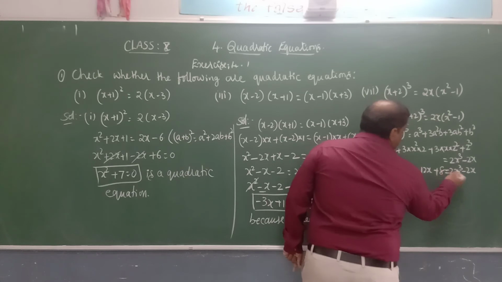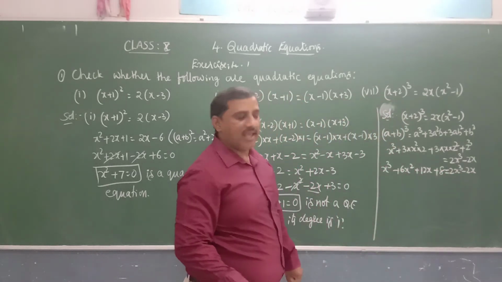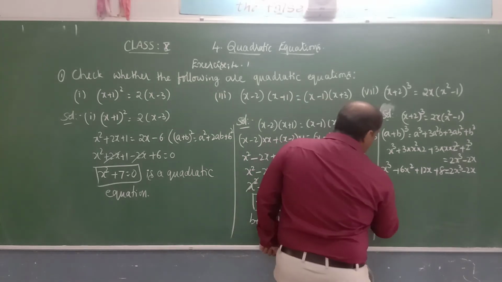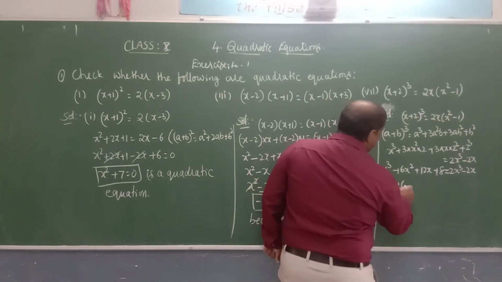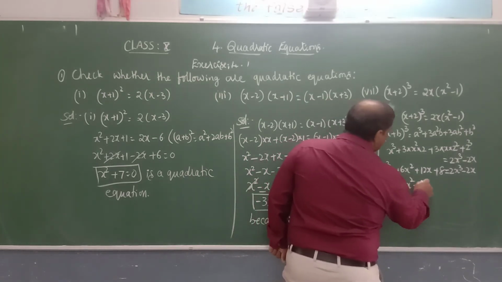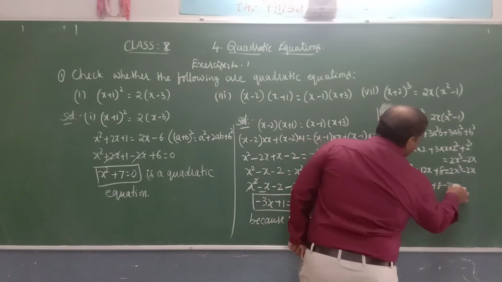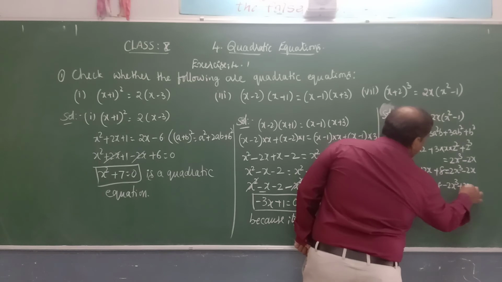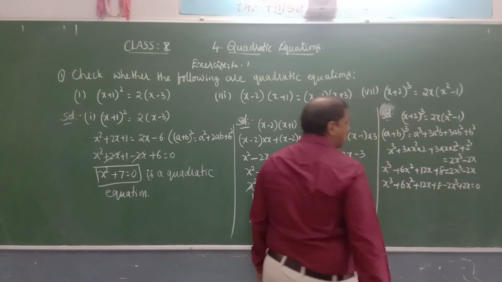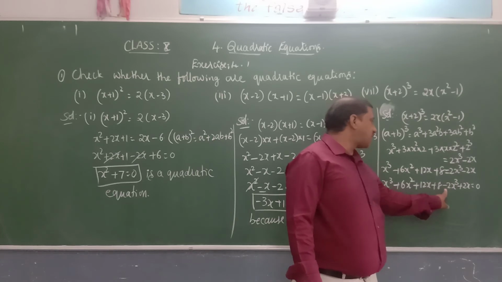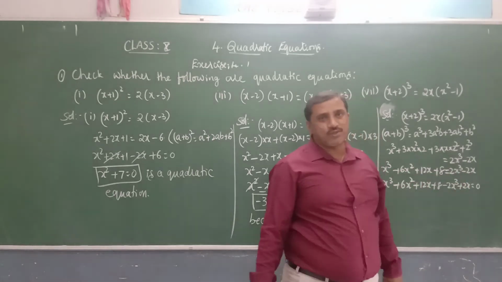Now transpose the RHS part to the LHS so that RHS will become 0. Now it is x cube plus 6x square plus 12x plus 8 minus 2x cube plus 2x, that is equal to 0. So 2x cube will become minus 2x cube, minus 2x will become plus 2x.